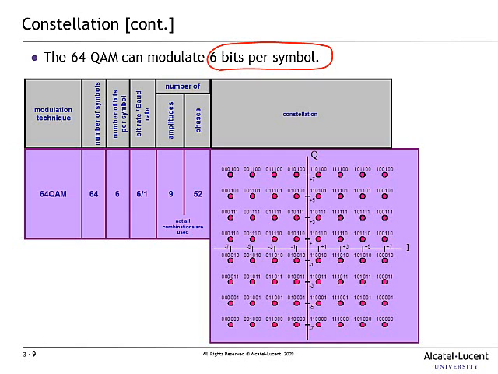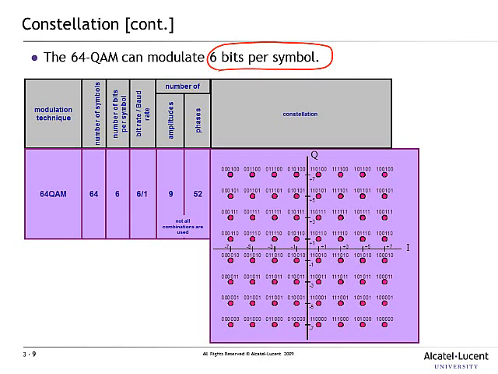Here we can see that we not only have differences in phase, but there are also differences in amplitude. In order to use 64 QAM, the channel quality has to be very good.